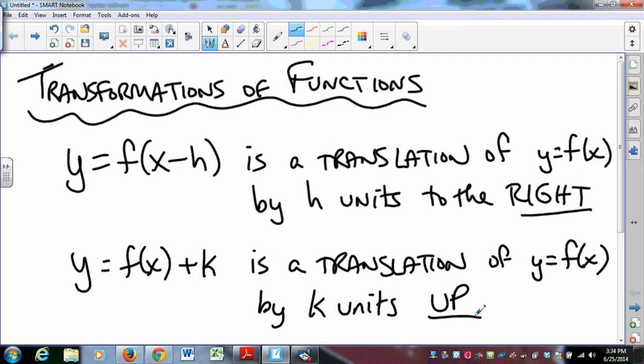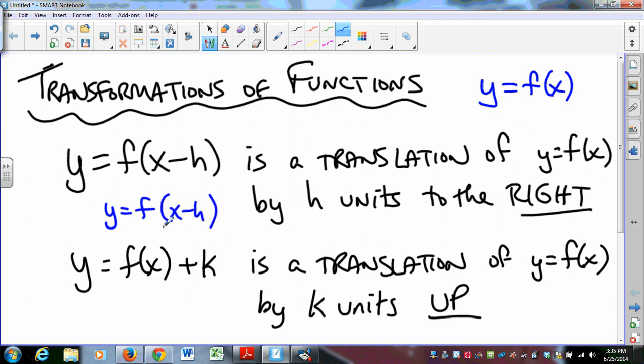Now you're saying, wait a second, why is this one counterintuitive, but this one intuitive? Well, really, you're starting in both cases with y equals f of x. In this case, you take that x and replace it with x minus h. It moves the axes left, which appears to move the graph to the right.